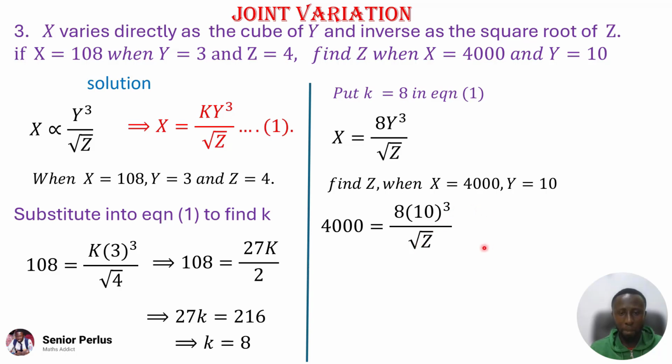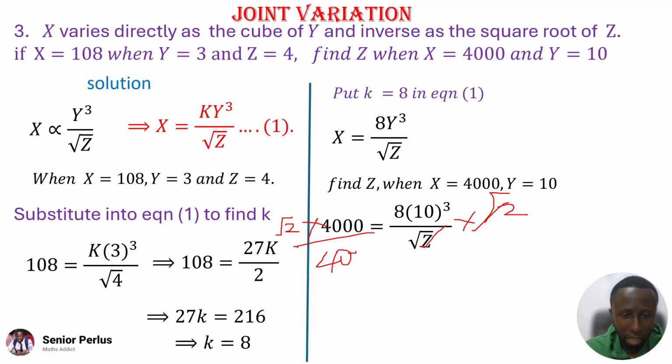Multiply both sides by the square root of z, so this and this will go. Good. Then you want z to stand alone, so you divide both sides by 4000.